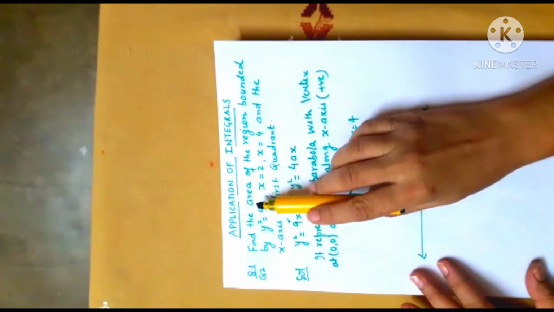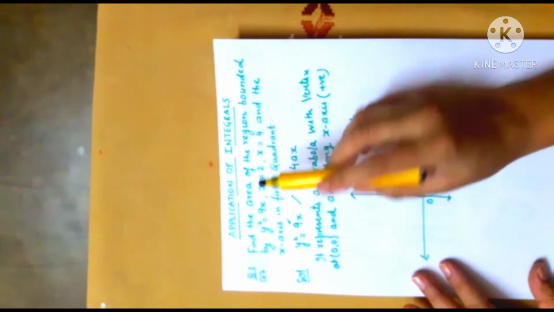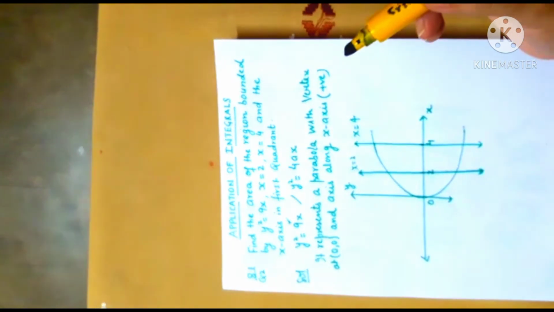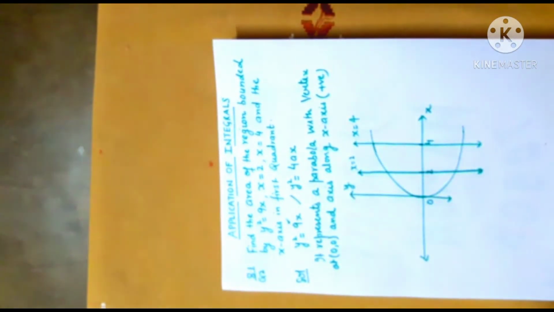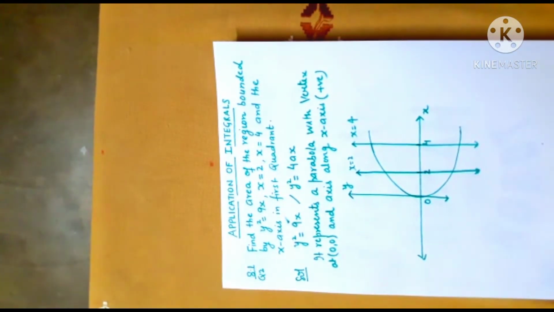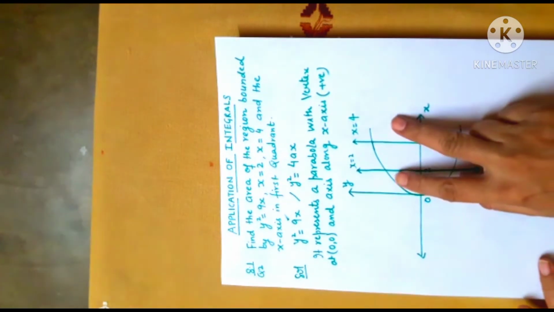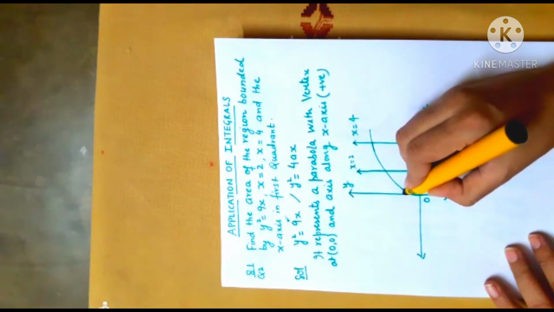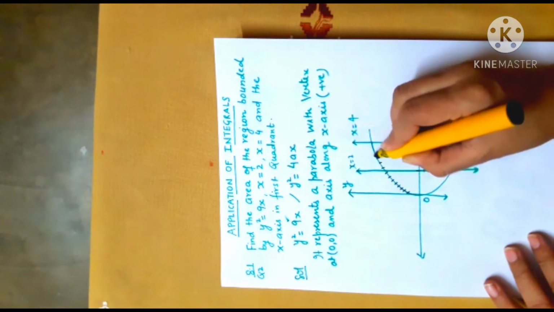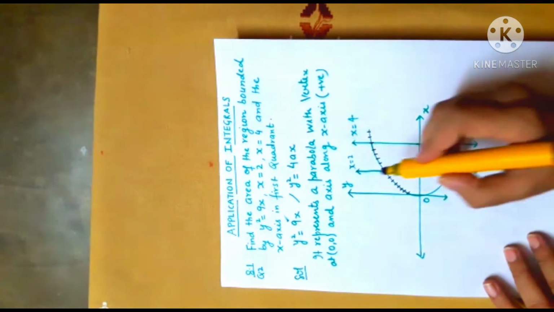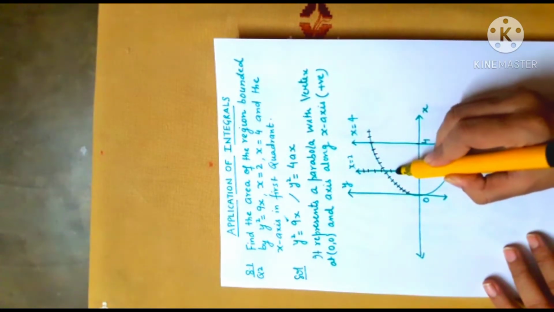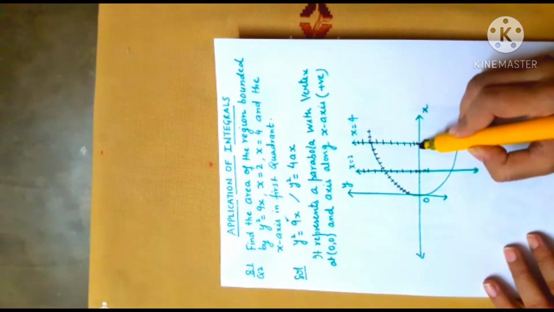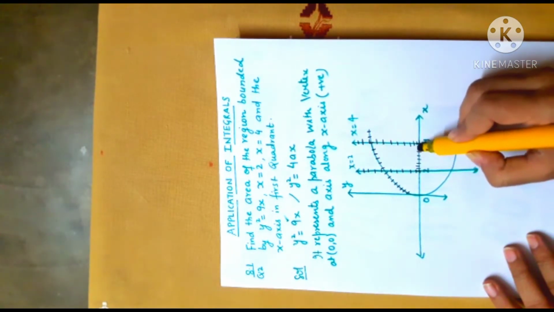Now, we are to find the area of the region bounded by this curve, these two lines and the x-axis in the first quadrant. Right? So one thing is clear, that the region lies in the first quadrant, that is in this part. So, region bounded by the curve, this is the curve in the first quadrant, the line x equal to 2, x equal to 4 and the x-axis.